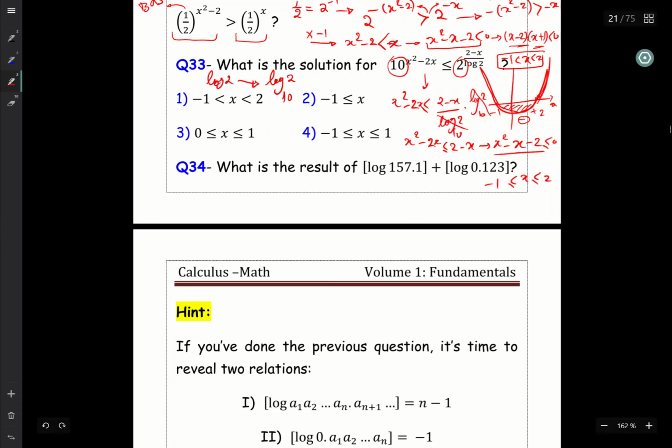Now you see right now what we're getting is that none of the four choices satisfy this, right? In order to see which choice is actually the correct choice, we have to think about what happens if x is -1 and x is 2.